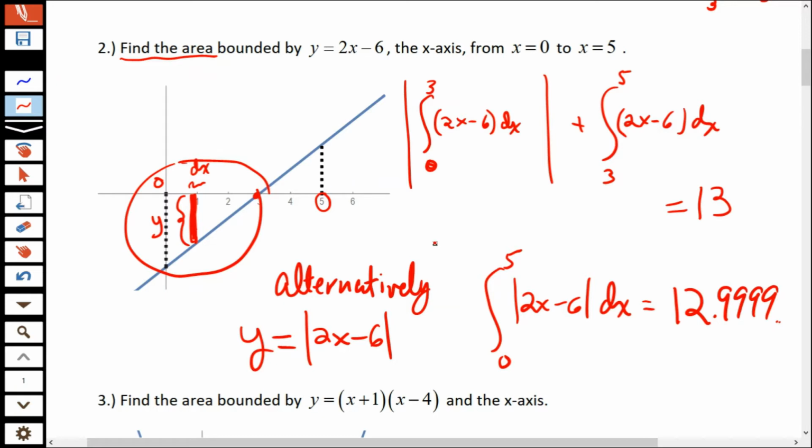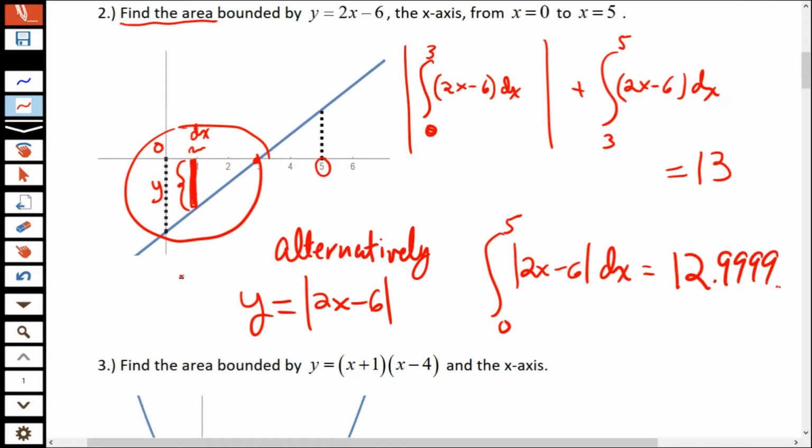So be careful with that. It's still close enough to 13 that 13 is going to be your answer. But if you're using a calculator, you can just go ahead and do that as an integral using the math button and find absolute value, ABS. You can put in those absolute value bars in an integral and calculate it out.